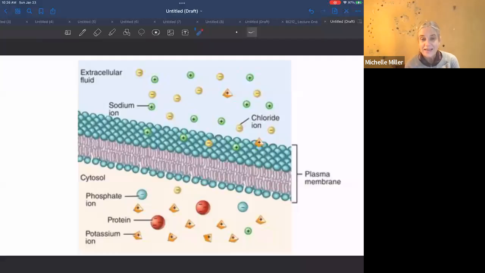Now, the inside is negatively charged, and there are these proteins that have this negative charge at rest that cannot move. So they cannot move across the plasma membrane. So these ions cannot generally move. They can't move by themselves because of the polarity of the plasma membrane, but they move using protein channels.